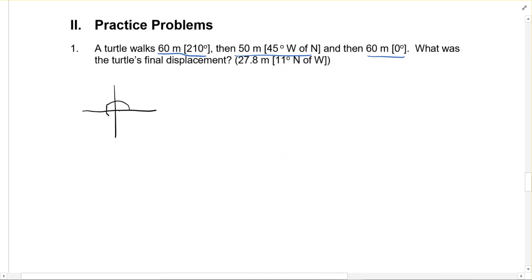So all I got to do is go 210 minus 180, which is going to be 30 degrees from there to there. And that's going to be 60 meters is what that arrow would look like. Okay, that's probably long enough.